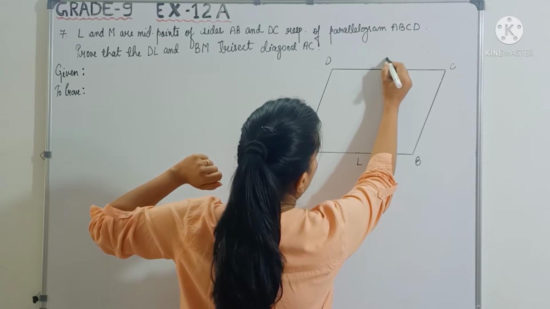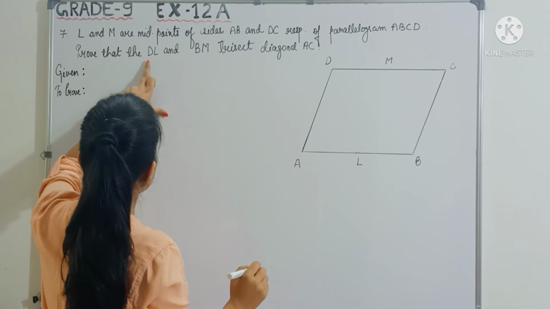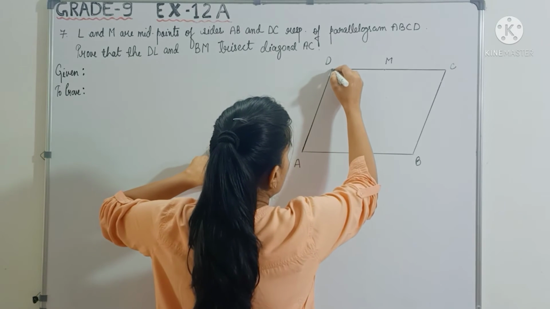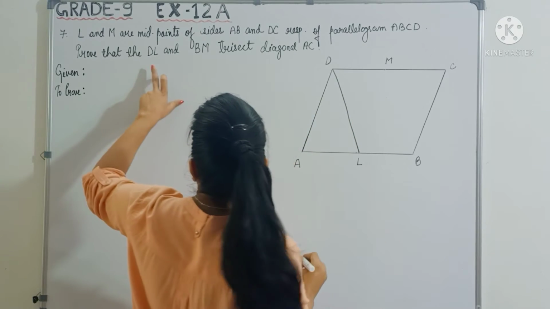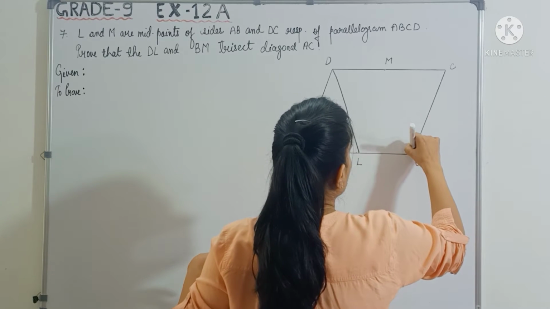Now prove that DL, so this is your DL, and BM. You have to connect BM.